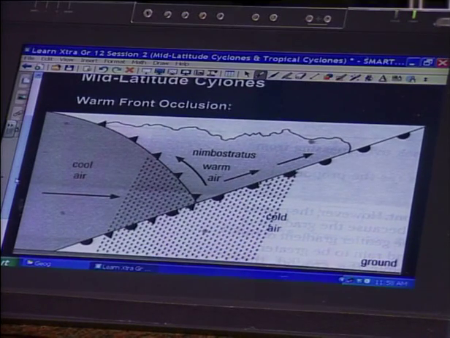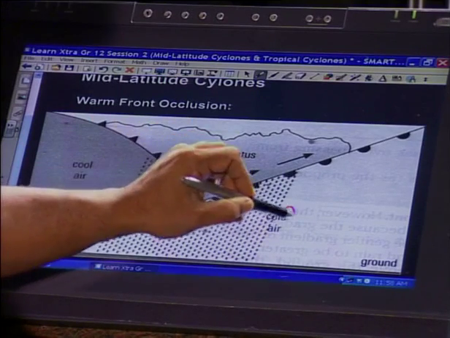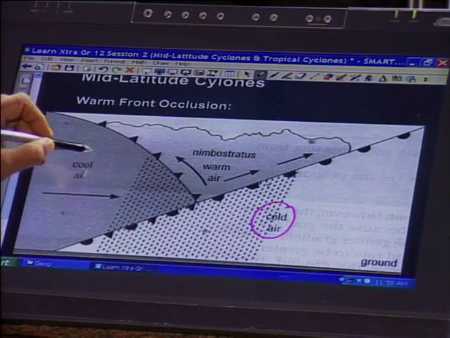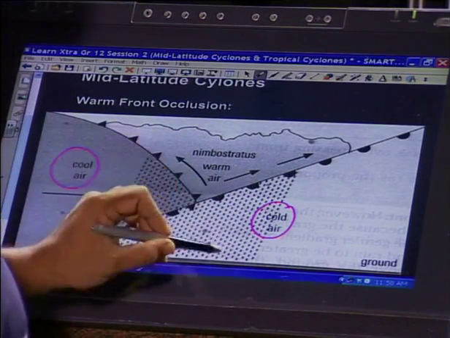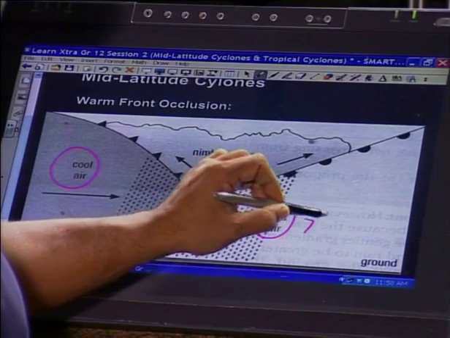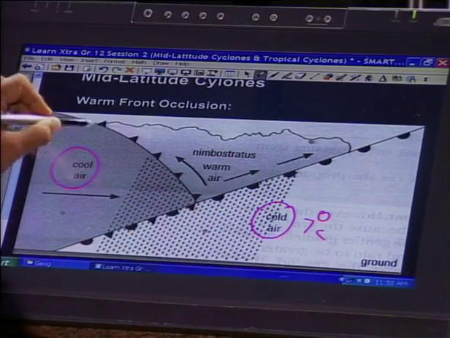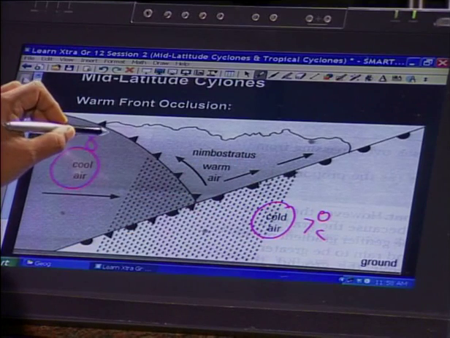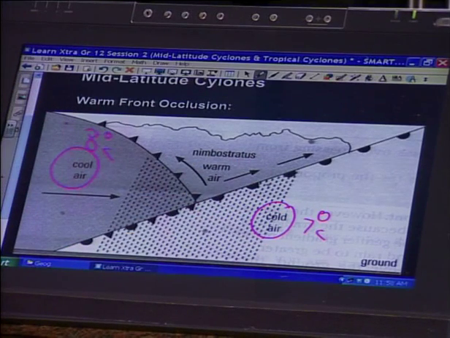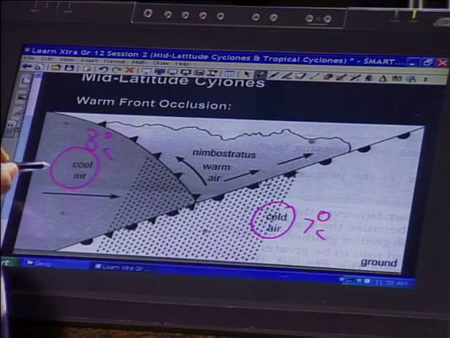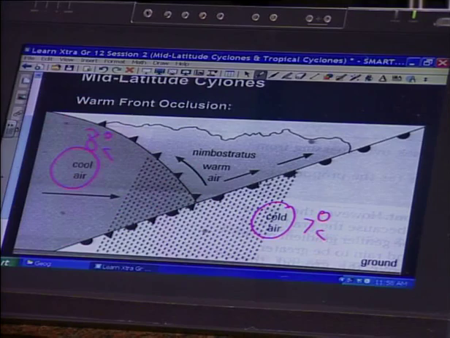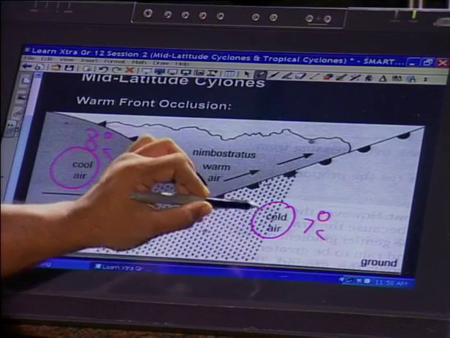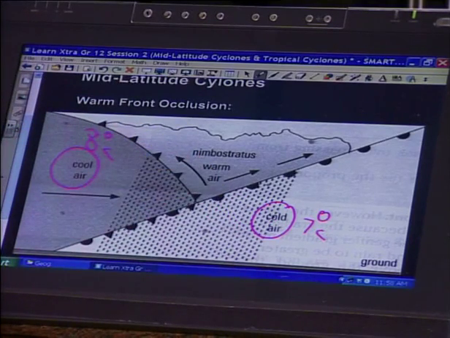Okay? With the warm front occlusion, it's the opposite actually. If you look at here, it's cold air, and here it's cool air. Okay? And the cold air down here, let's put a temperature figure at the same ones, 7 degrees, and here 8 degrees Celsius. All right? So it tells you that the air in front of the system has a lower temperature than the air behind the system.